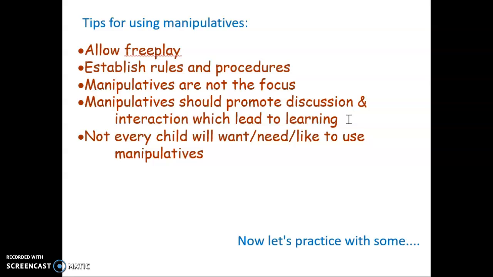Usually what I would do with them, and both my kids are very mathematical, so they didn't need much, but I wanted them to see, hey, this is what happens. This is what moving these pieces around is representing. And now when you go solve that equation that I want you to solve, you can picture this and you understand why I want you to subtract 3 from both sides, divide by 2 on both sides, or whatever it was.